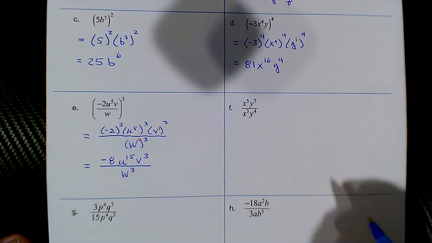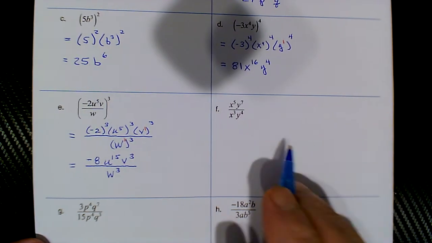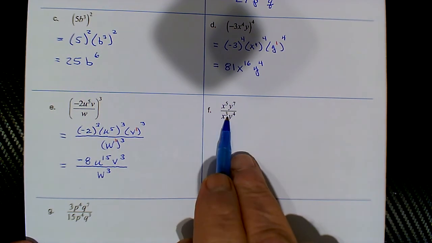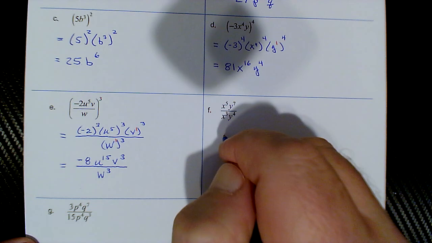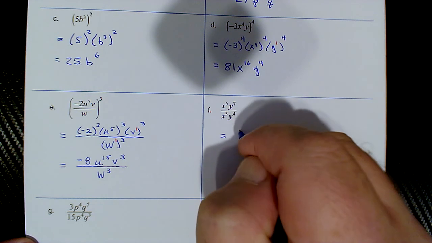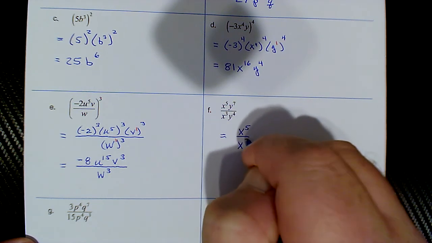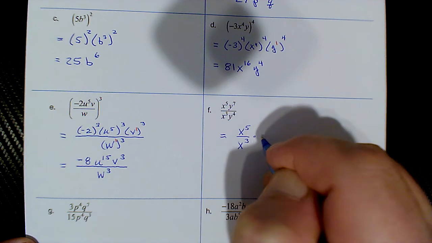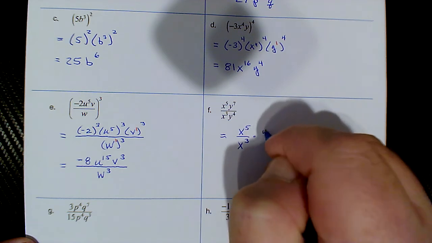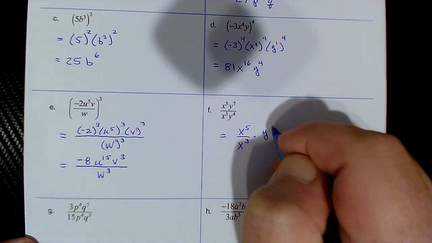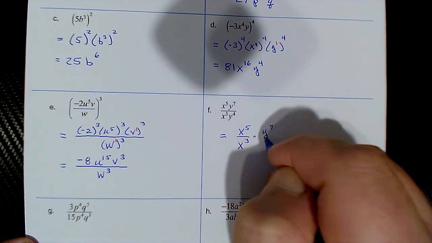Okay, and then we get into using the quotient rule here. What you could do is you could separate the factors. And again, all these intermediate steps, if you're comfortable, you could skip. But you could separate the common bases, x to the fifth over x cubed, separated from y to the seventh over y to the fourth.